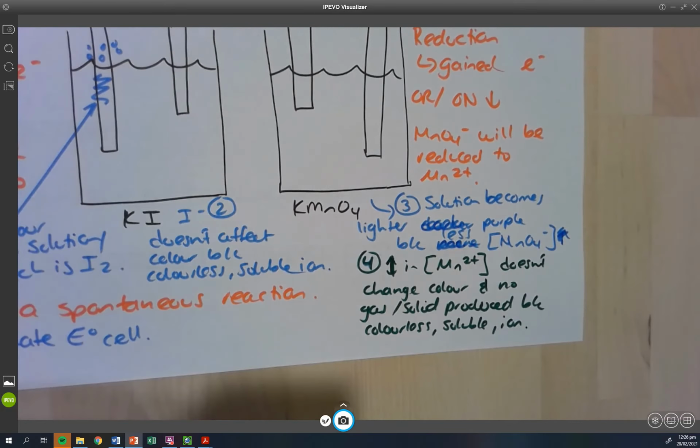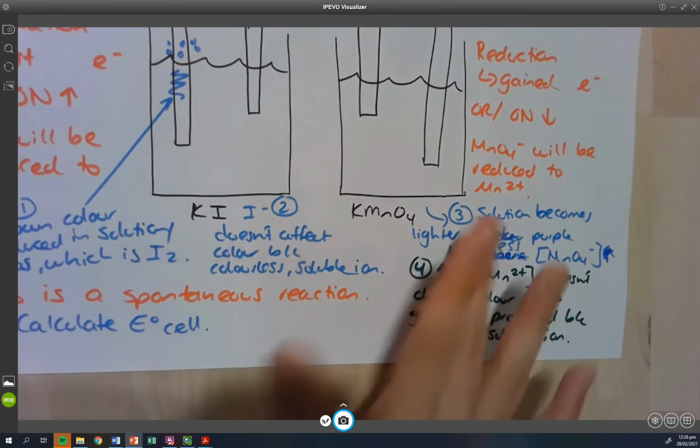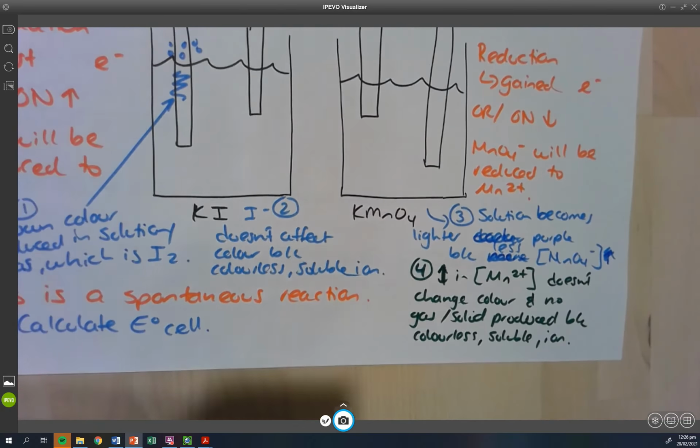So I hope that makes sense. I made a little boo-boo there. I think it's because I didn't do the equations first. All right, hopefully that is okay. I've done basically 4 different observations. I basically talked about each of the reactants and the products to state how does that affect the color change.